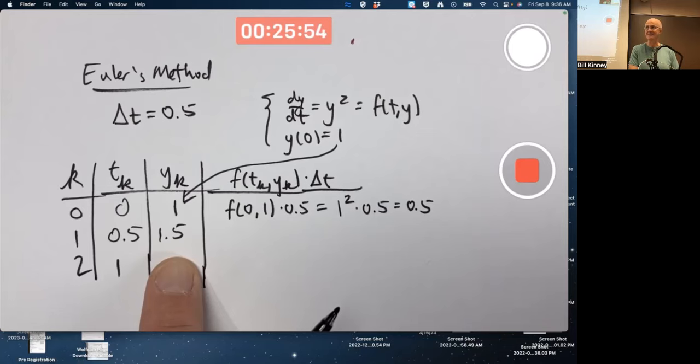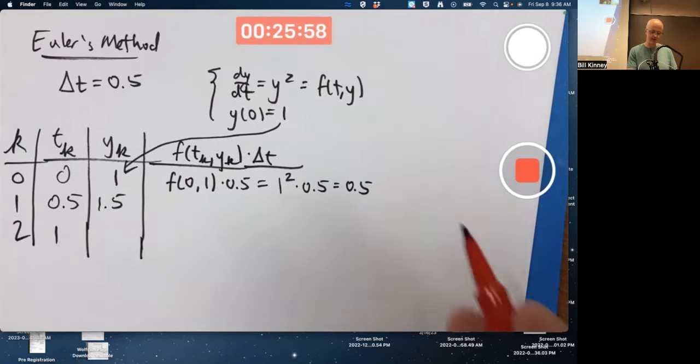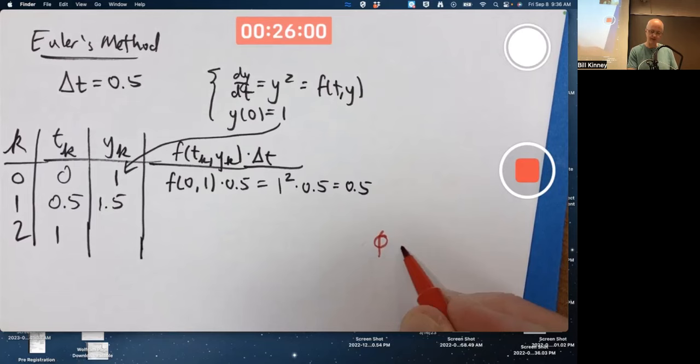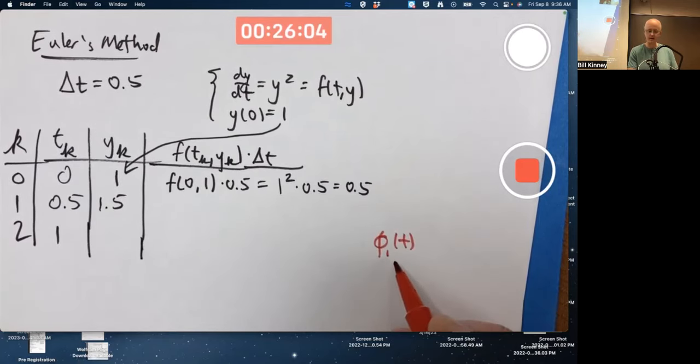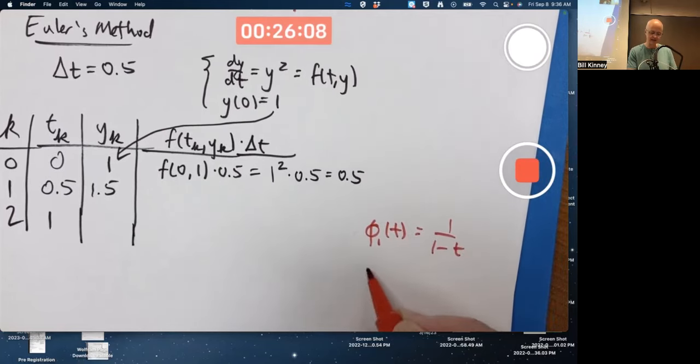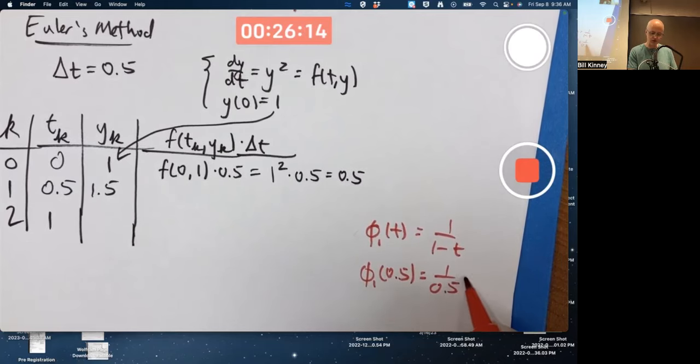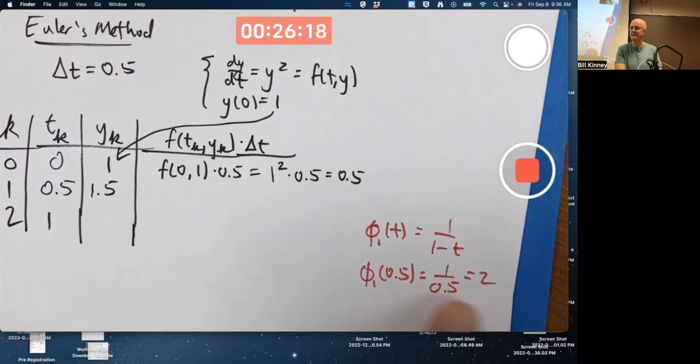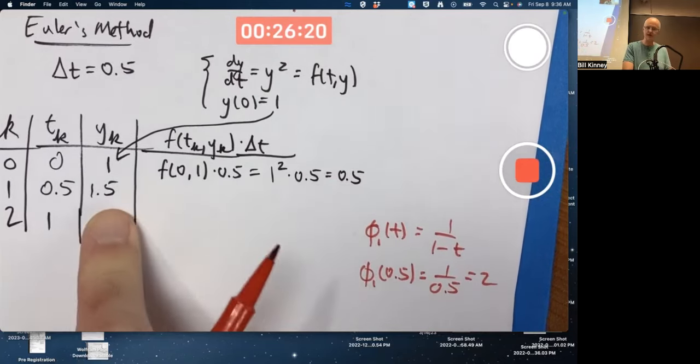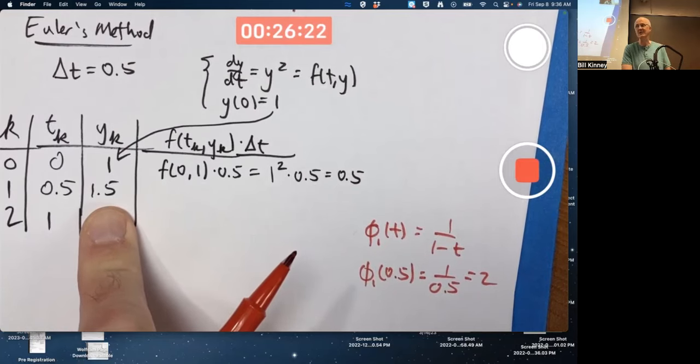No, it doesn't. It's an approximation. The true solution, again, for this initial value problem, phi sub 1 of t, where the initial condition is 1, is 1 over 1 minus t. When you plug in 0.5 into that, you get 1 over 0.5, you get 2. The actual solution has a value of 2 when t is 0.5. This is just an approximation, not a great approximation.